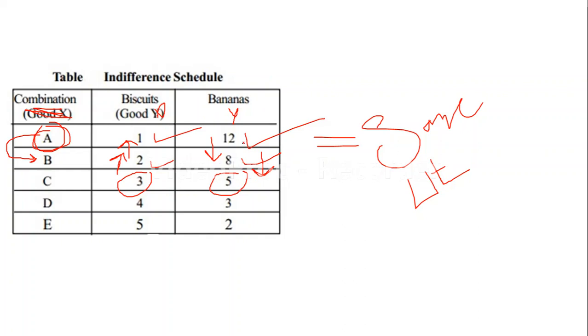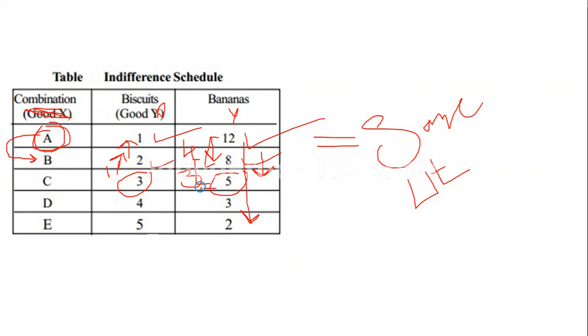Because here the marginal rate of substitution, MRS, is decreasing. If you observe, first it was 12 to 8, meaning he was sacrificing 4 bananas. For 4 bananas he was getting 1 biscuit. In the next stage, for sacrificing 3 bananas he is getting 1 more biscuit.